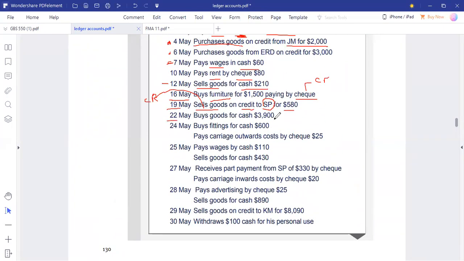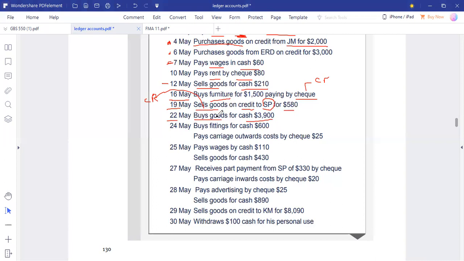Buys goods for cash 3,900. I think this one is one Munda was trying to answer. You can continue, Munda. So we'll debit the goods account, the purchase account, and credit the cash. Excellent.